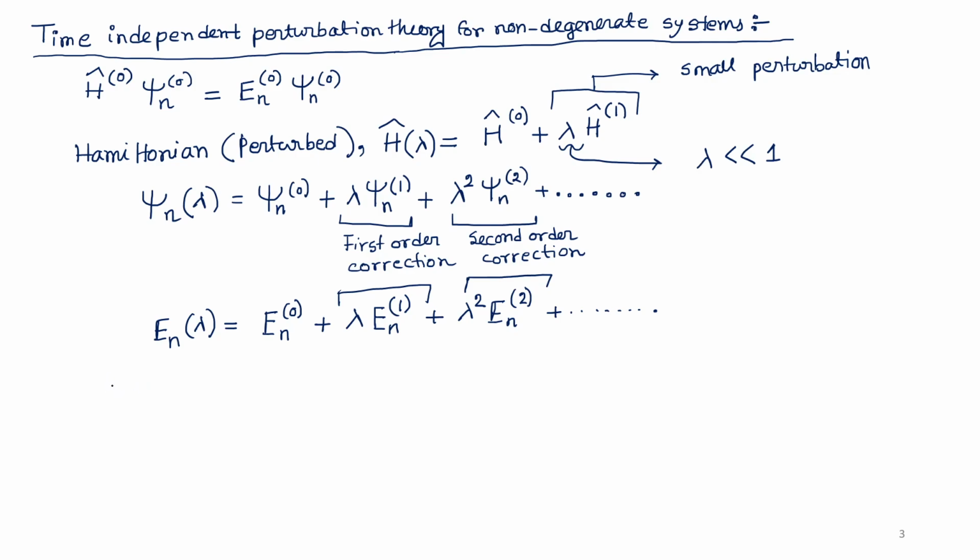So I should write the modified Schrodinger equation is H, the total Hamiltonian which is being perturbed, acting on psi nth, which is a function of lambda.